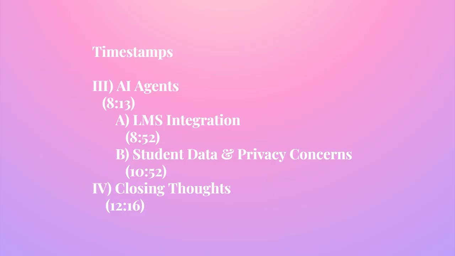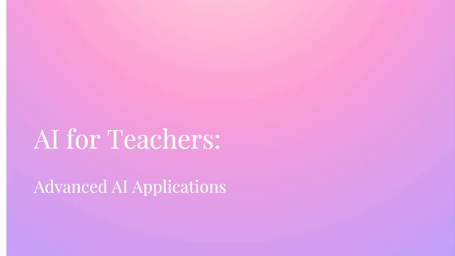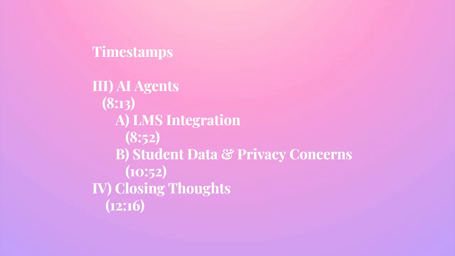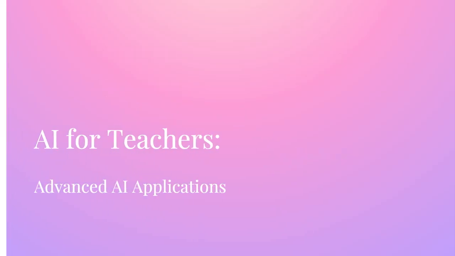So if you make rubrics in a particular way, you can create a custom chatbot that creates rubrics in that particular structure or fashion. These can be really helpful, time saving, especially when you start figuring out how you want AI to structure certain responses or what you want it to produce.